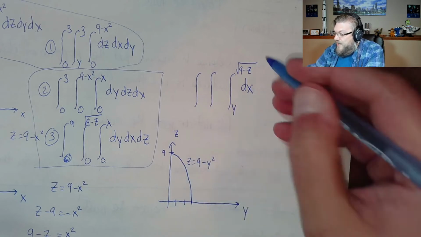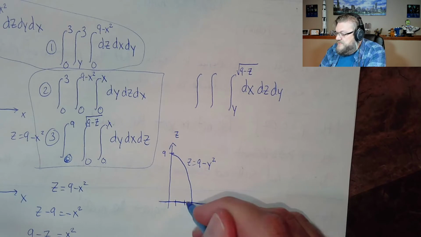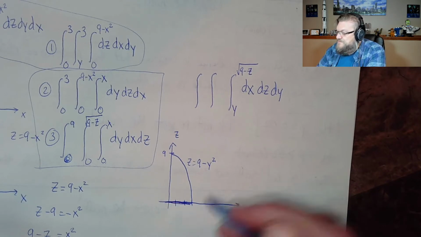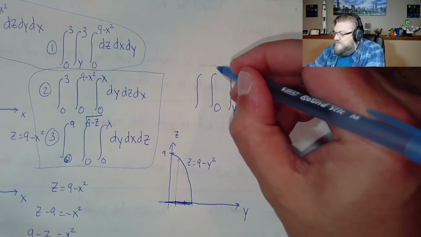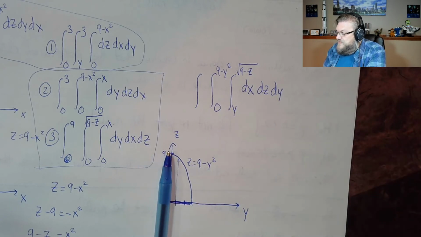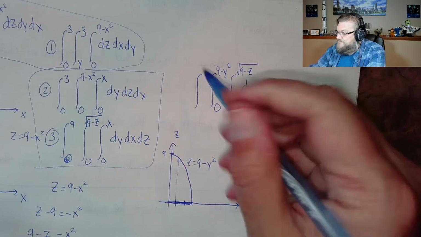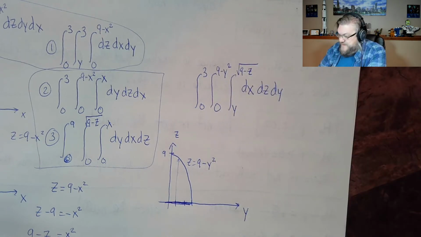I can do dz dy. z starts at z equals 0 and goes up until it hits z equals 9 minus y squared. And then y gets swept from 0 to 3. Okay. So that's my order there.